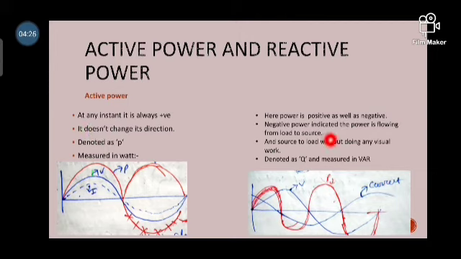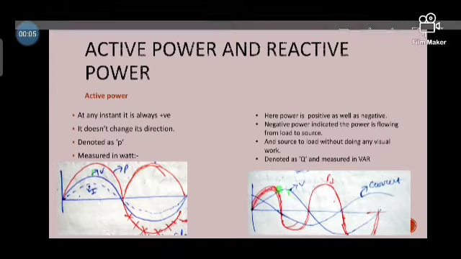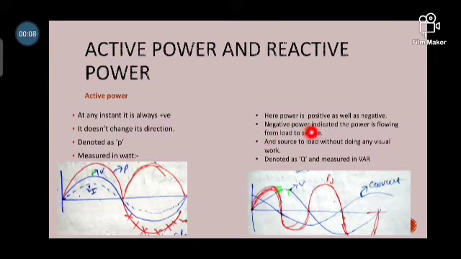It is denoted as P and measured in watts. For the reactive power, the negative power indicates the power flowing from the load to the source, that is negative reactive power, and from source to load it flows without doing any useful work.